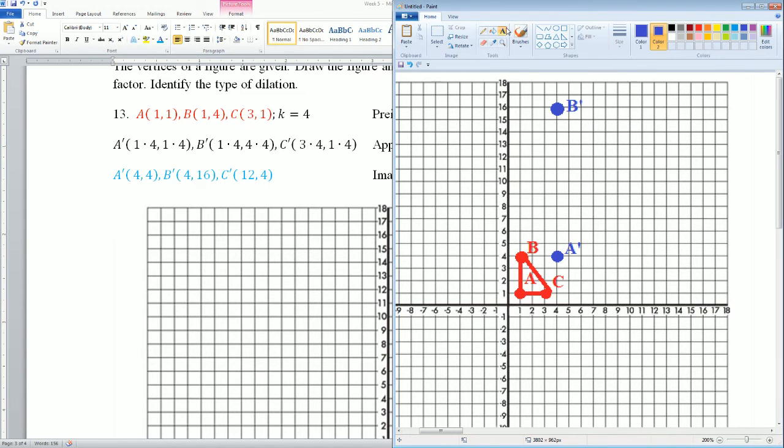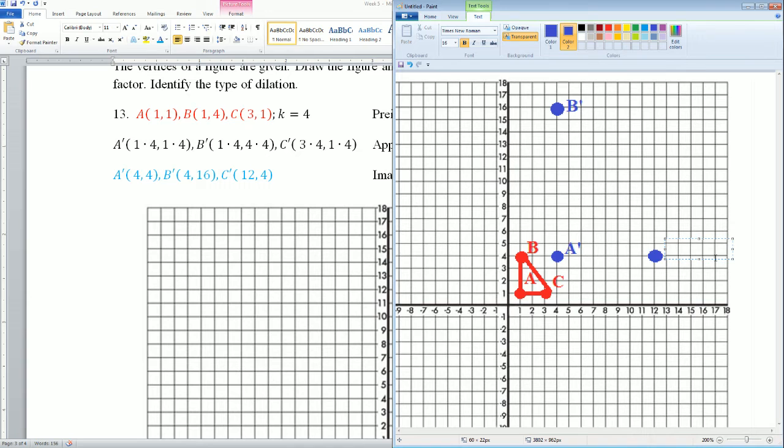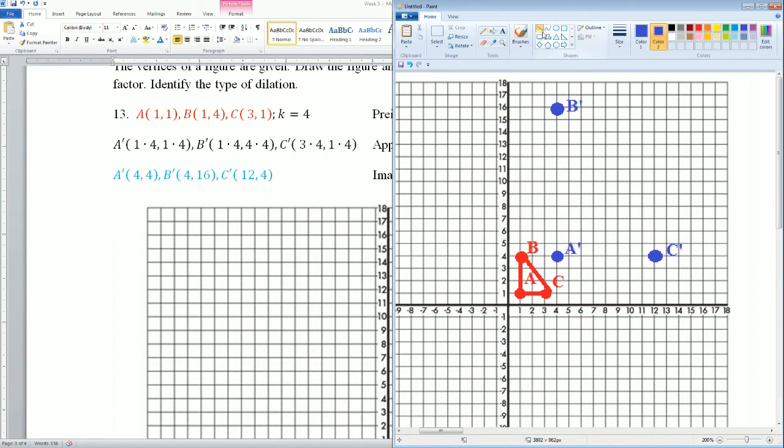And 12, comma 4. So 12 in the x, 4 in the y. There you go. Connect it right here.